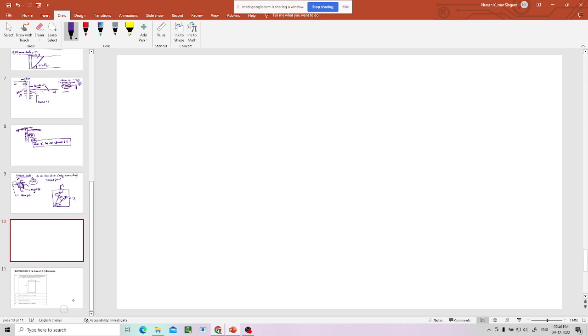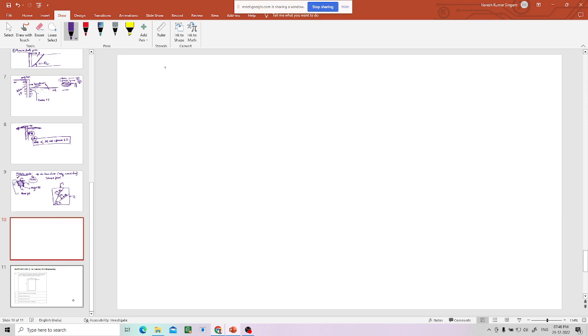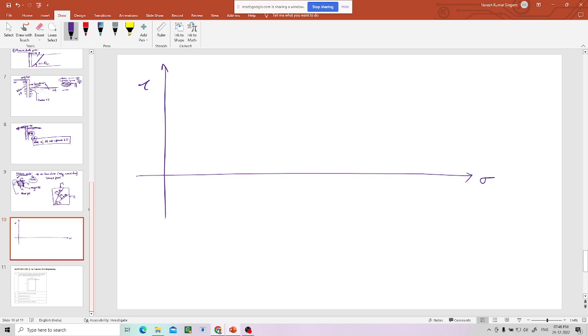So what is Mohr circle? The circle is drawn with normal stresses versus shear stresses. I'll give you an element, and I'm applying some sigma y here and some sigma x here.